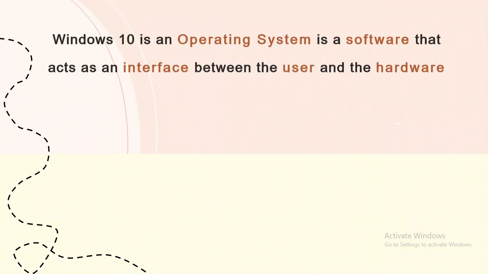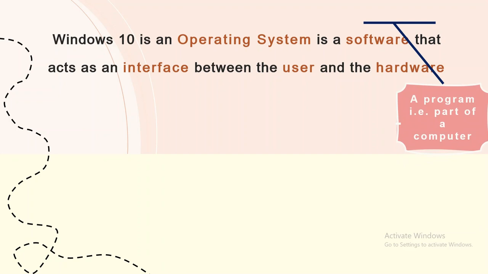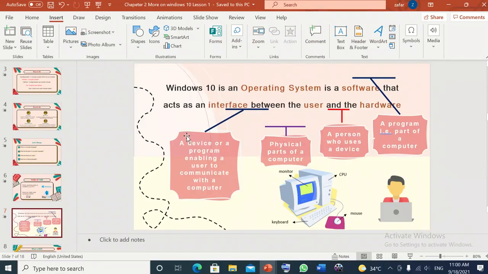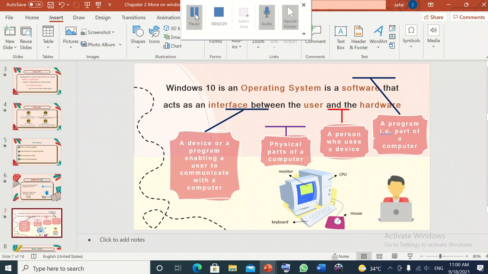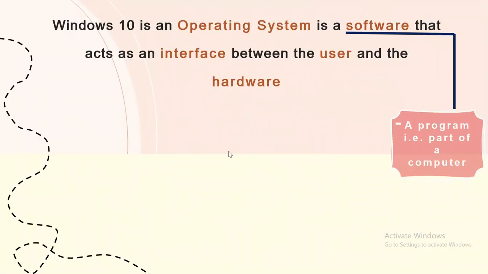Now Windows 10 is an operating system and it's a software that acts as an interface between the user and the hardware. So there are some words you have to keep in mind. First one is the software. A software is a computer program and it's a part of computer.